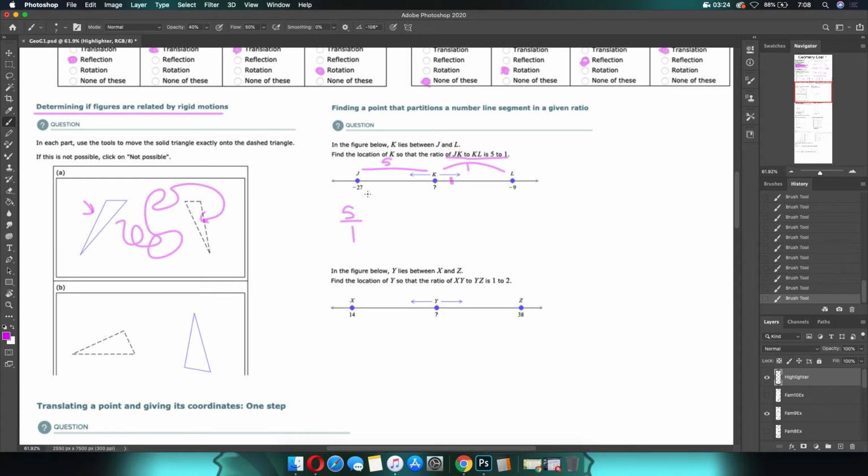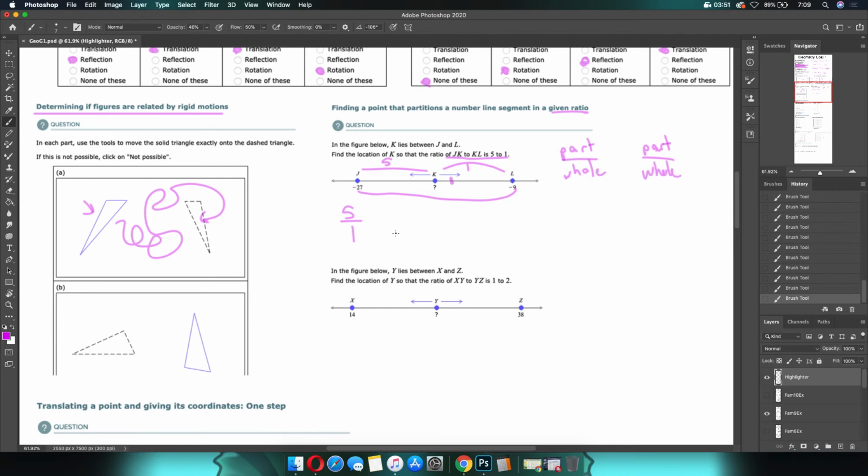So if we know the total distance, let's see here. When you're looking at this, the thing that they don't always tell you, and we'll find out as I go through this because I don't remember this topic as well, you need the total distance. So you have 2 parts, but since it says you have a ratio, you're always going to have a part to a whole and then a part to a whole.